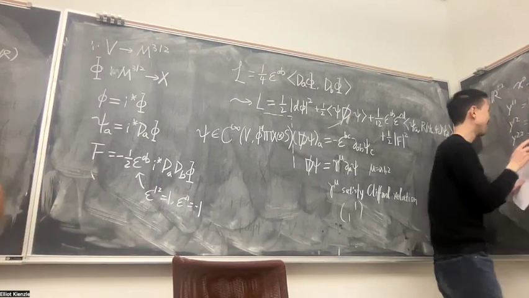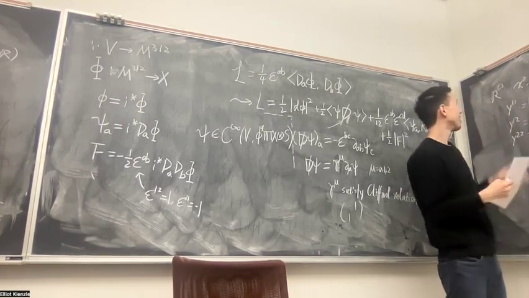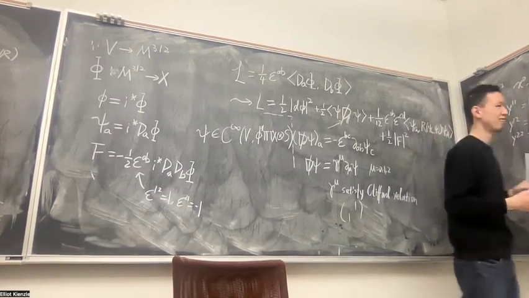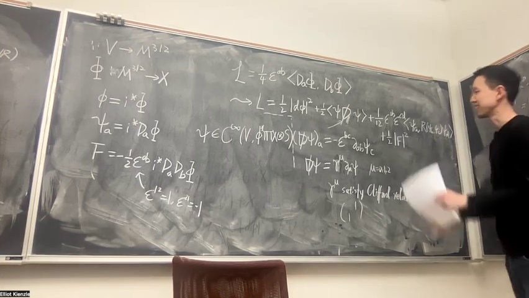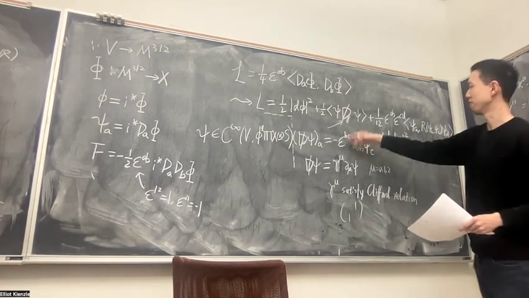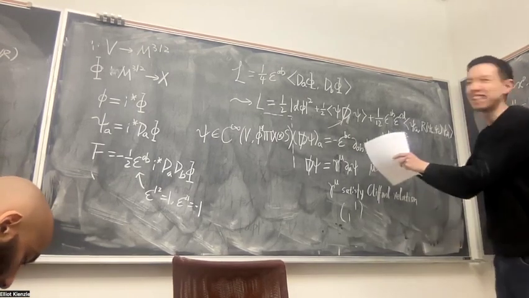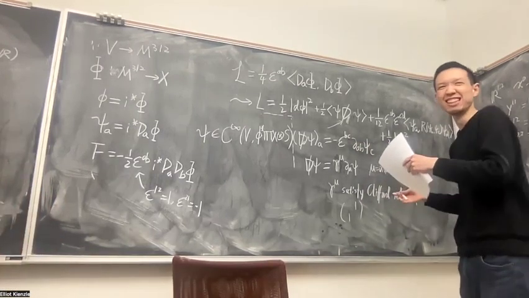Yeah, I tried this yesterday. So they satisfy the Clifford relation under the metric on this y coordinate. Yeah. So, I guess the answer is yes. This absolutely plays the role of gamma matrices.